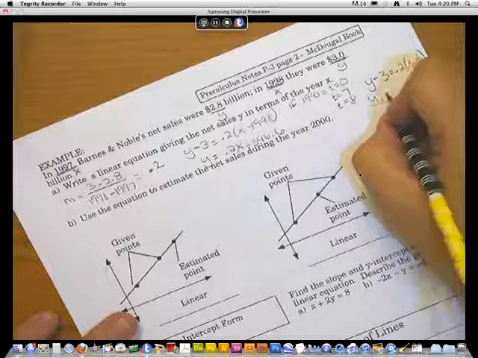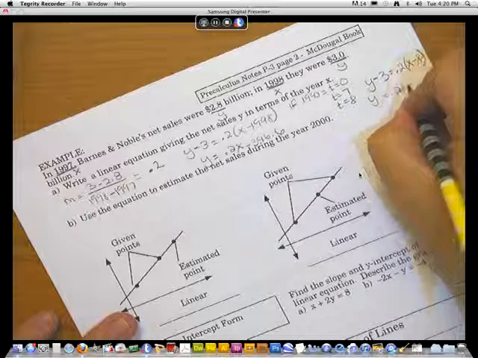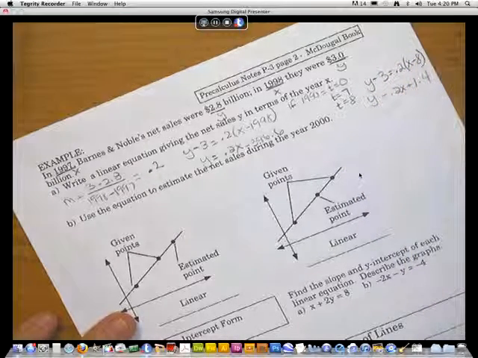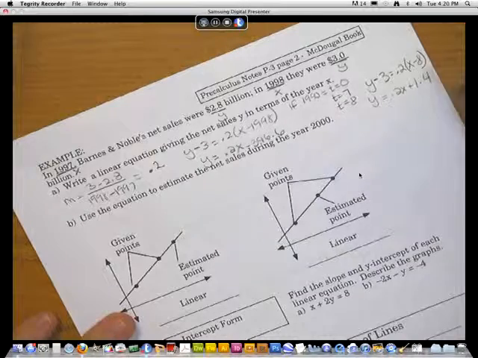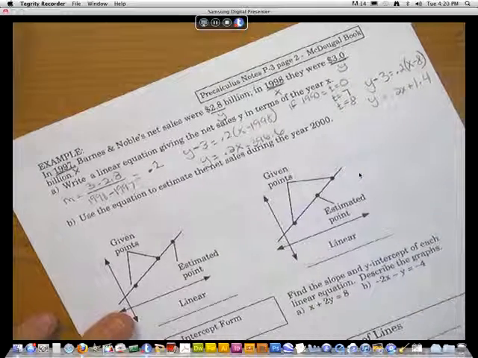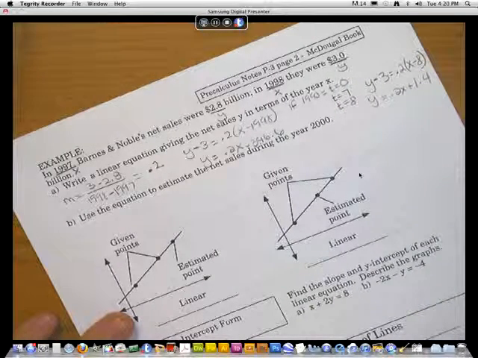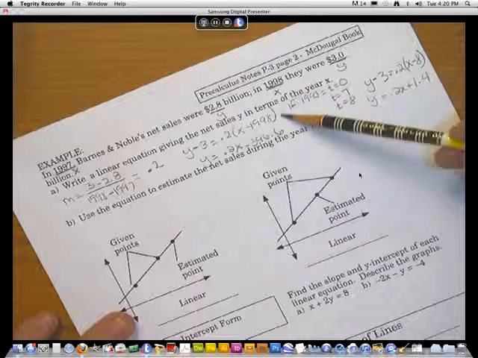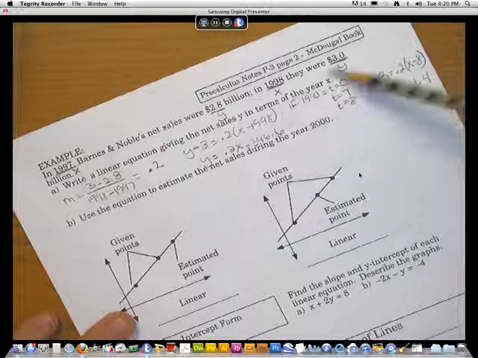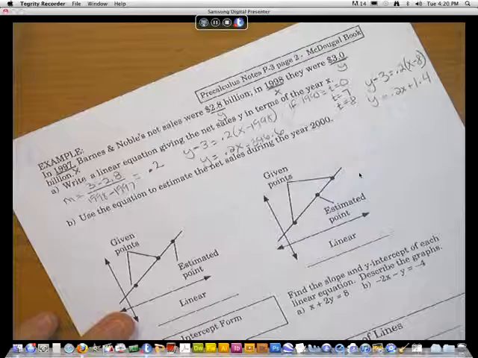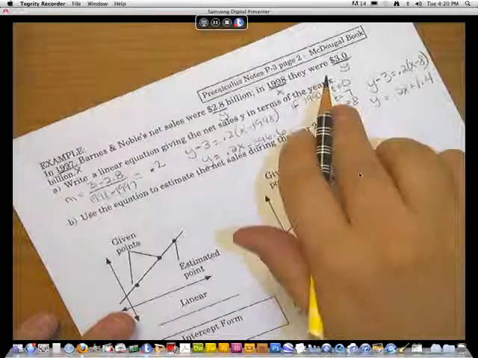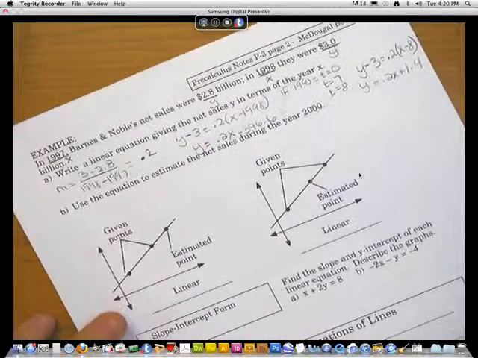So now I'm going to get y equals 0.2x plus 1.4. So that gives me a little bit better representation or understanding of what the numbers might mean if I use this conversion. You don't have to, just know that most times in most places this is what's going to be happening.